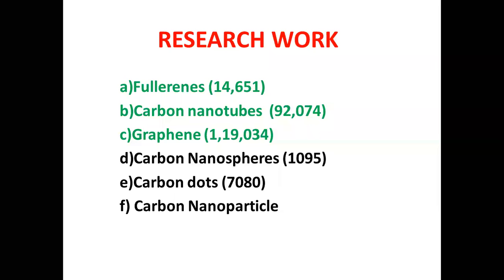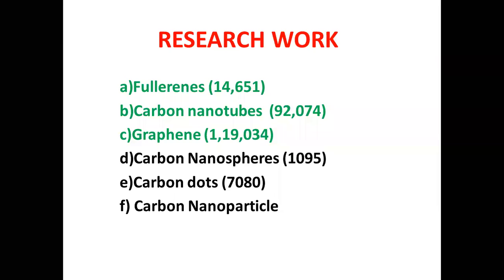So before discussing carbon nanotubes, we would like to discuss the research work which is going on in carbon nanomaterials. As we have discussed earlier, the elements carbon and silicon both play a major role in electronics and in science and technology.